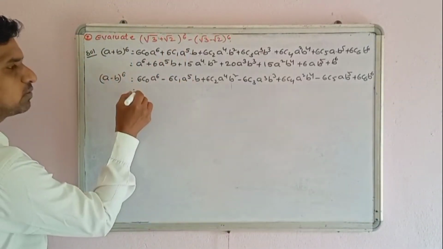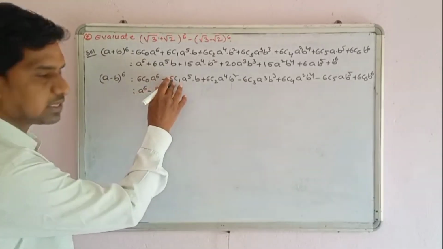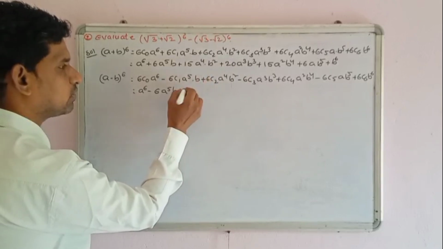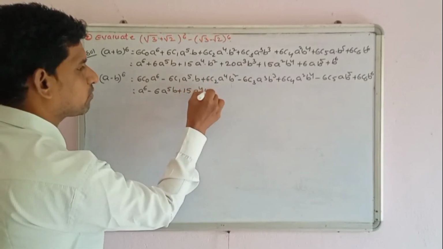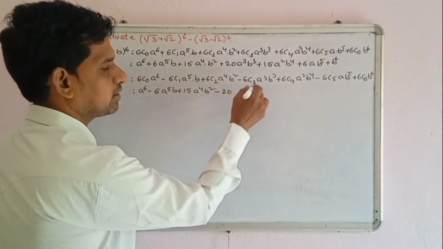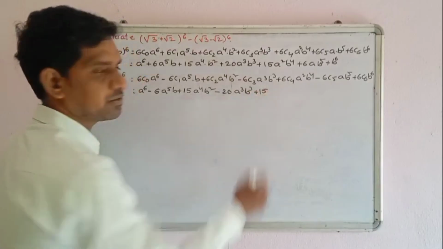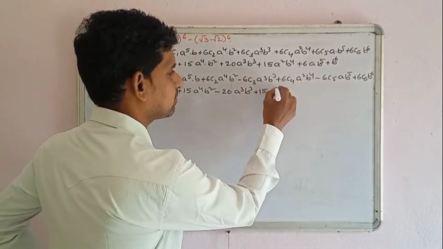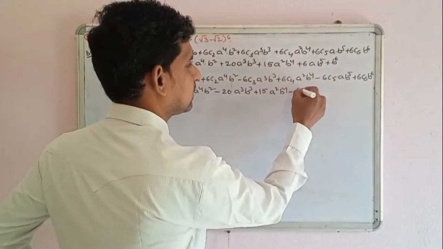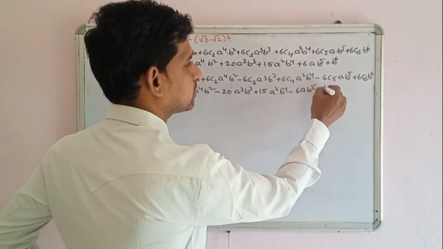Same: 6c0 value 1 into a power 6 is a power 6. 6c1 value 6, a power 5 b, plus 6c2 value 15, a power 4 b square, minus 6c3 value 20, a cube b cube, plus 6c4 value 15, a square b power 4, minus 6c5 value 6, a b power 5, 6c6 value 1 into b power 6 is b power 6.